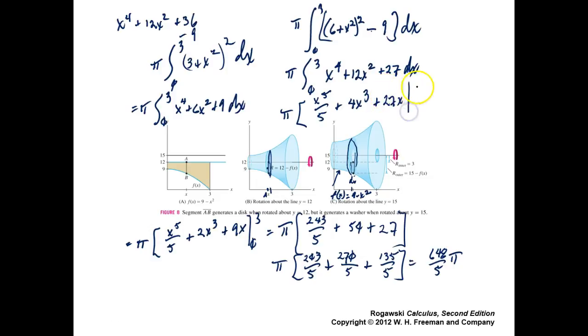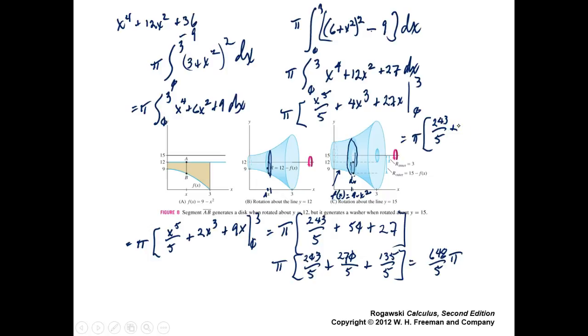Okay, evaluated from 0 to 3. So this will be your pi times, and we've already done that. That's 243 fifths.